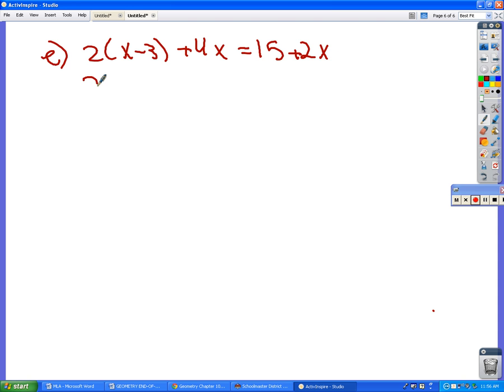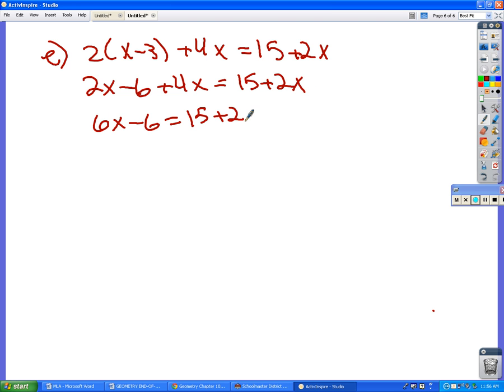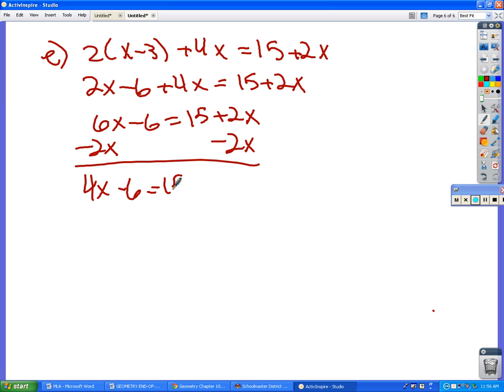Okay, what do I do first? Distribute the 2, so that's 2x minus 6. And then combine the like terms over here. 6x minus 6 equals 15 plus 2x. Subtract 2x from both sides. 6x minus 2x is 4x.